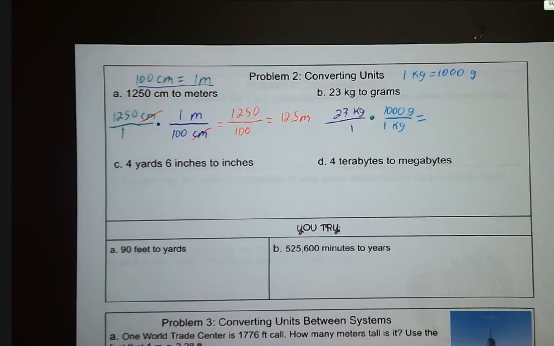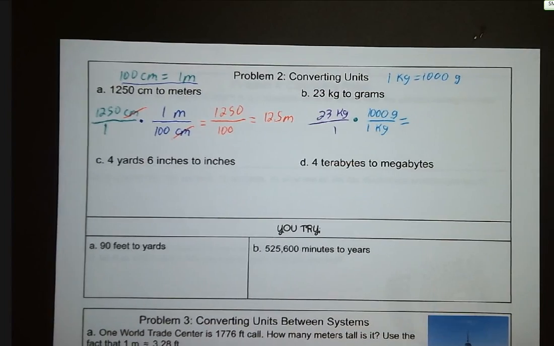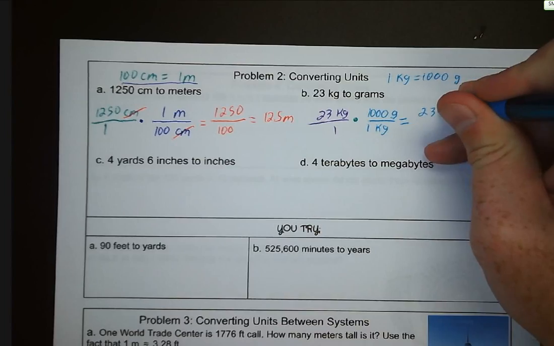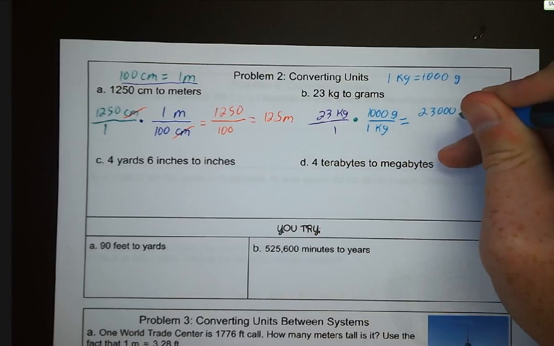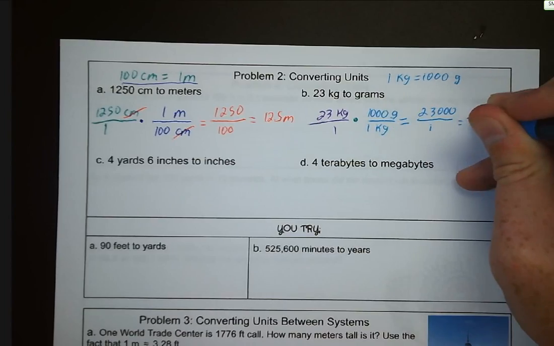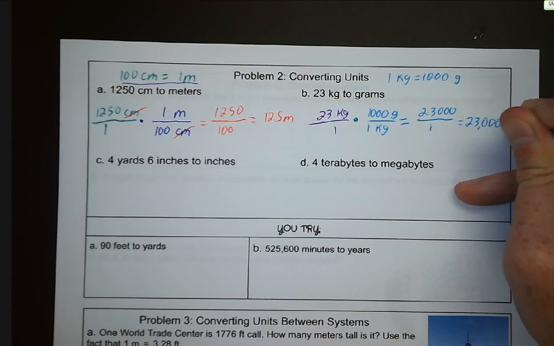Metric system is easy. So 1,000 times 23 is 23,000 over 1 times 1 is 1. So that's 23,000 grams.